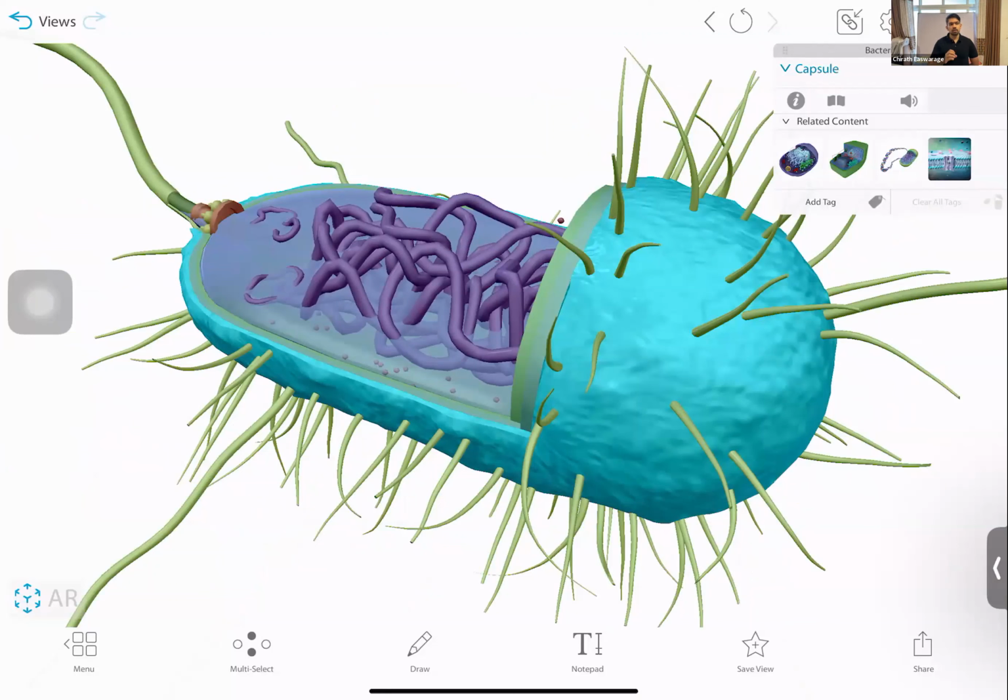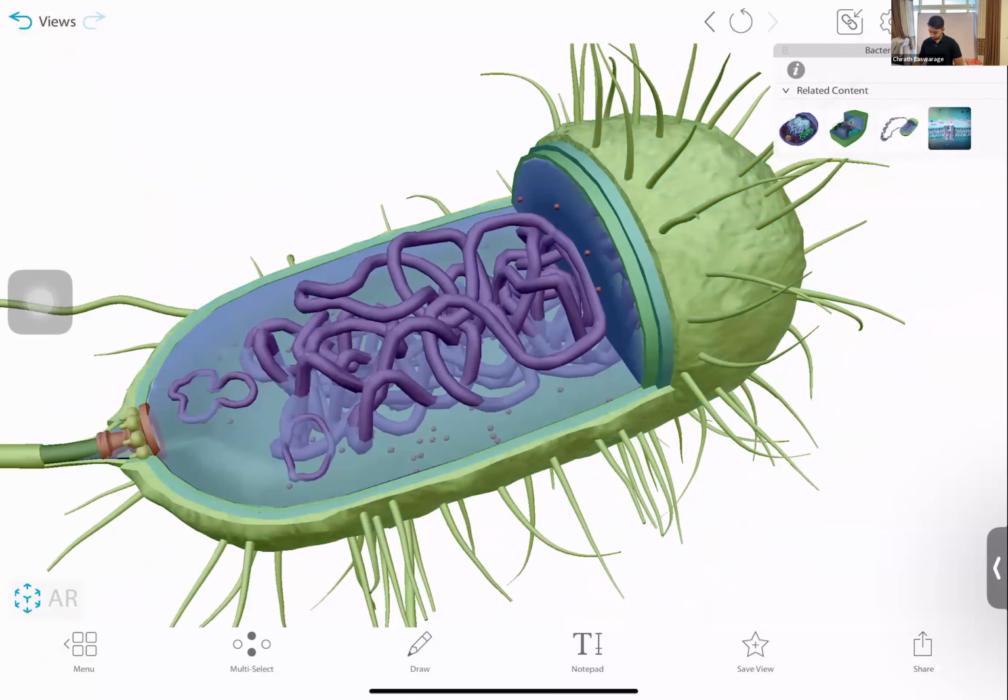So when they are designing antibiotics, and when we prescribe someone antibiotics, we have to think about the qualities of the bacteria. Are they having a capsule? These capsulated bacteria are harder to kill.